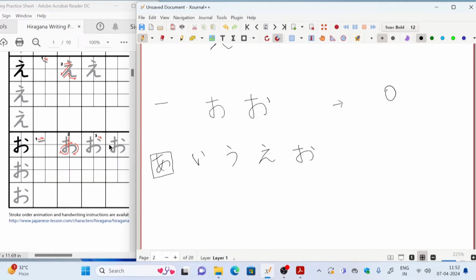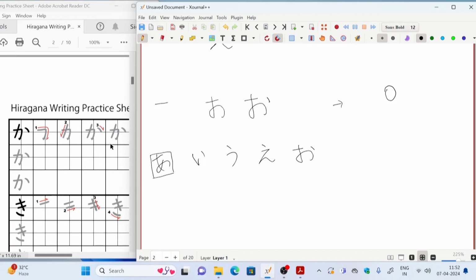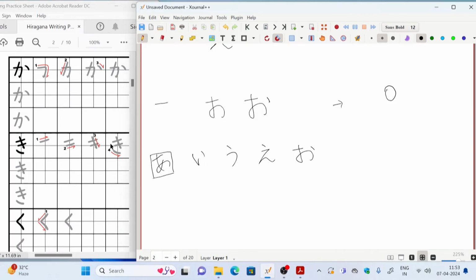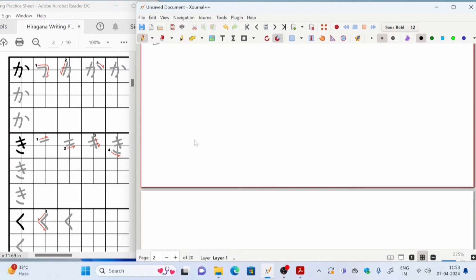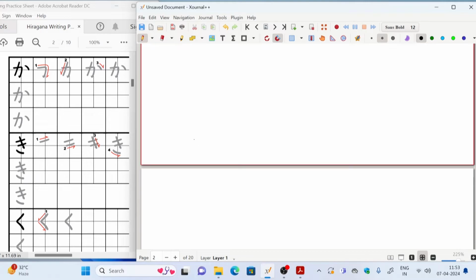Next is Ka, Ki, Ku, Ke, Ko. So we can start with Ka. First, second, and third. This is Ka. Next is Ki.